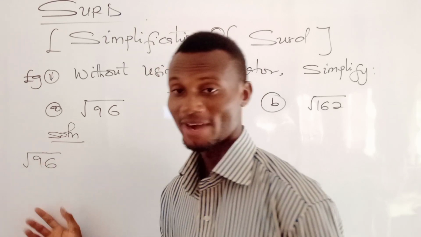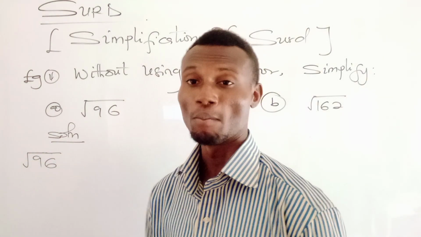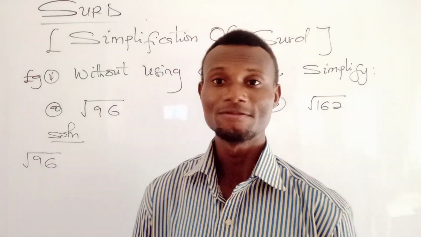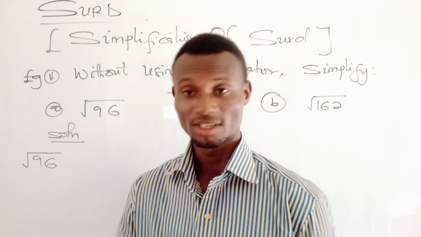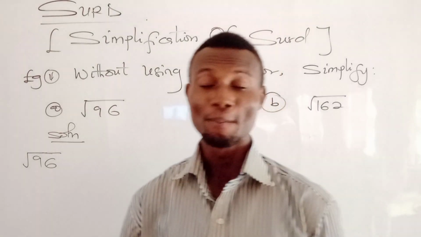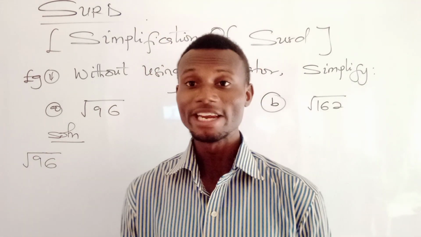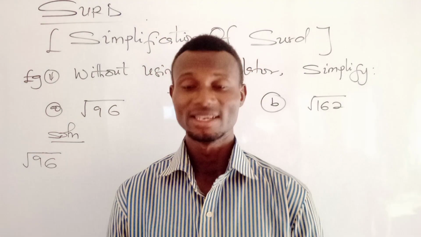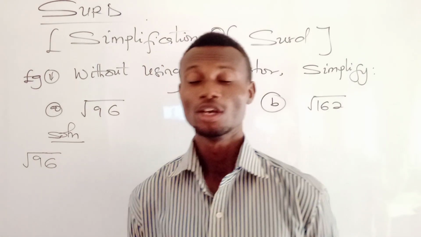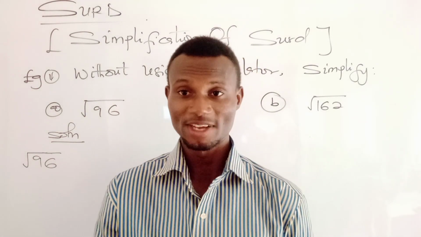For us to simplify this one, the first step is that we look for two numbers which can multiply to give you back the 96, but one of them needs to be a perfect square. We know that there are many pairs of numbers that can multiply to give you back the 96, but you have to look for the one which has a perfect square in it.